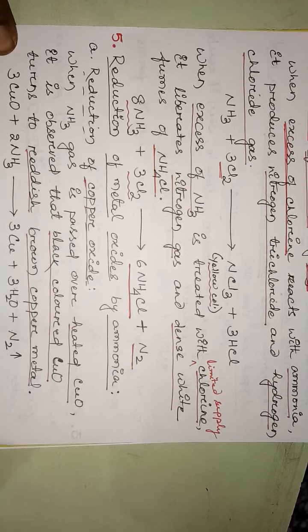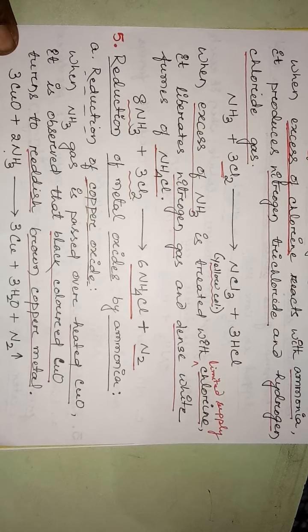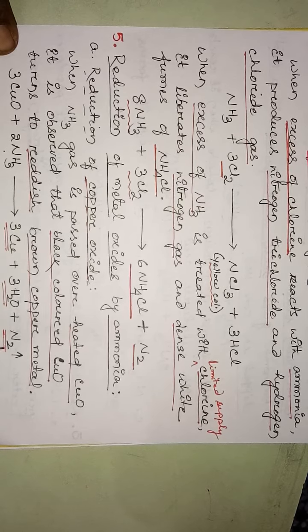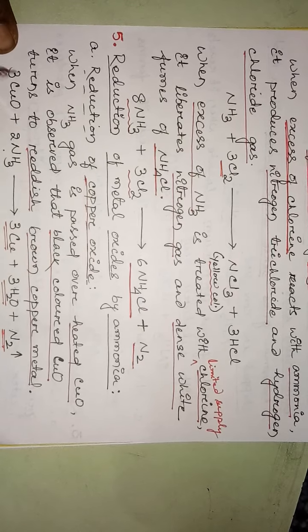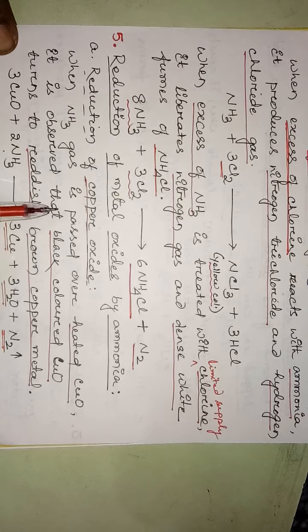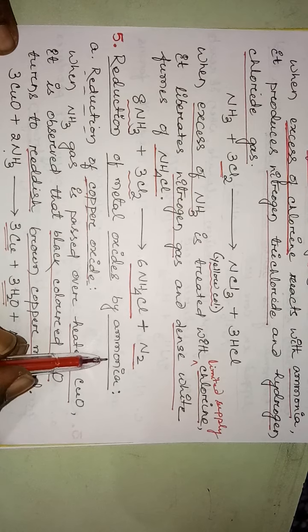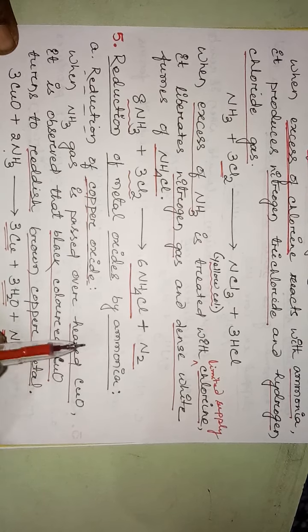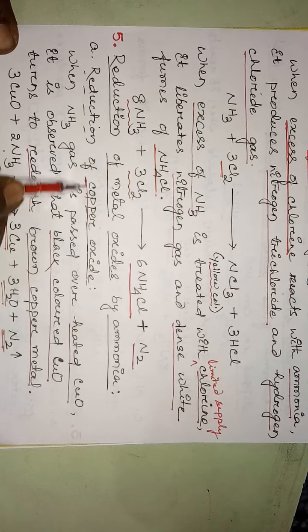Of copper metal. Okay, so the equation is 3CuO plus 2NH3 gives 3Cu, 3H2O and N2. Nitrogen gas is released. So there are certain questions. Give the balanced chemical equation when copper oxide is treated with ammonia, or there may be a question that asks to write the observation when ammonia is treated with copper oxide.